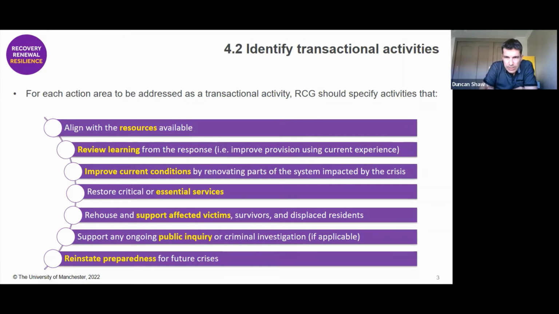So in developing a recovery plan, for each action area, you can think about it as a transactional activity or as a transformational initiative. And here we're talking about those transactional activities that the RCG will begin to think through. And here is about initially setting out some of the boundaries, some of the parameters of what that transactional activity can actually involve.